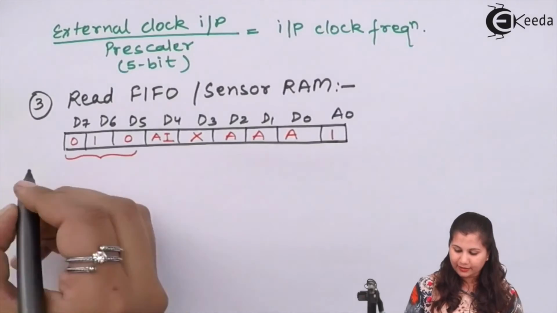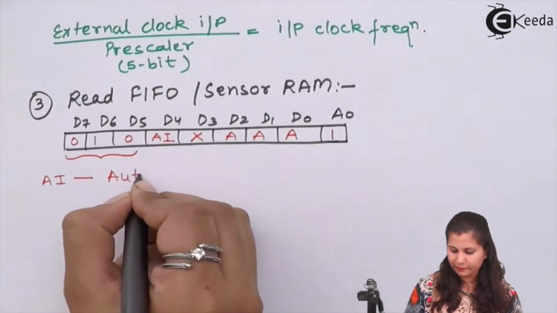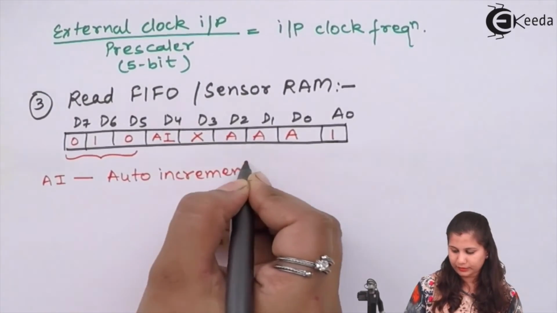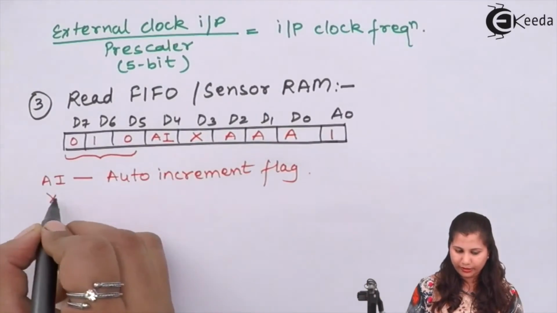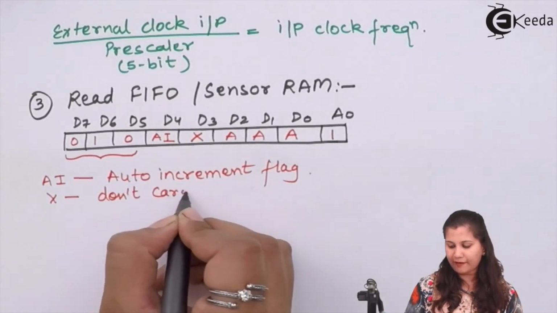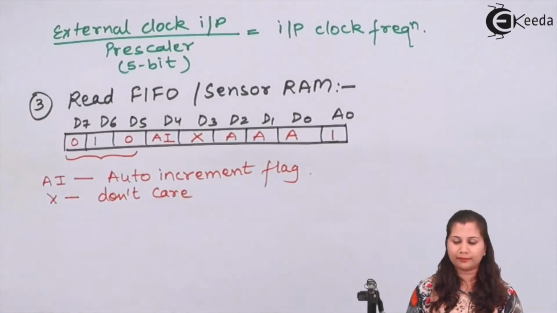Now this AI stands for the auto increment flag. Then X is the don't care bit. Don't care bits mean these bits can have either 0 or 1 value. It will not affect the command word.